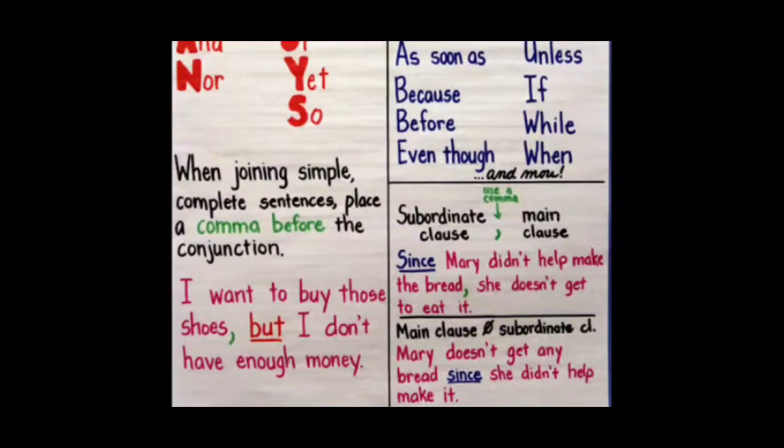Since Mary did not help make the bread, she doesn't get to eat it. Then the main clause: we are just starting with the main clause. See here, we are not using a comma. Mary doesn't get any bread since she did not help to make it.